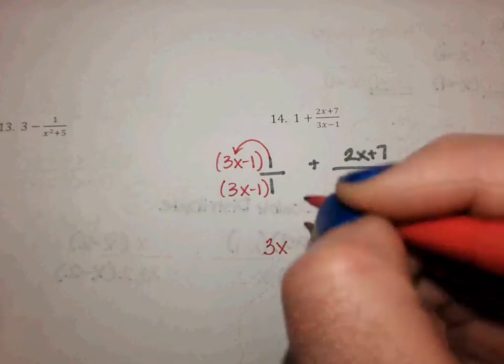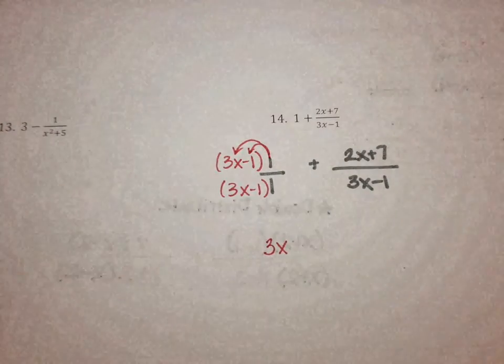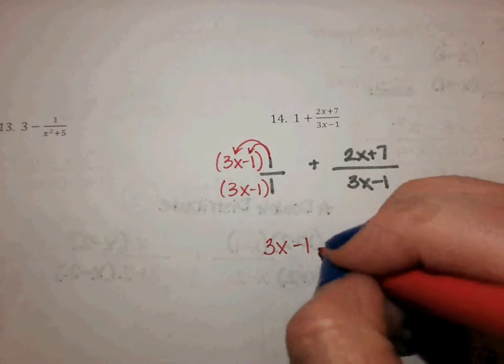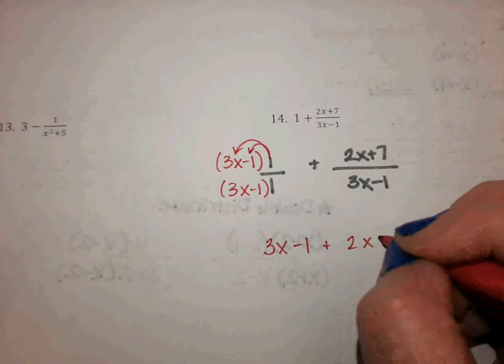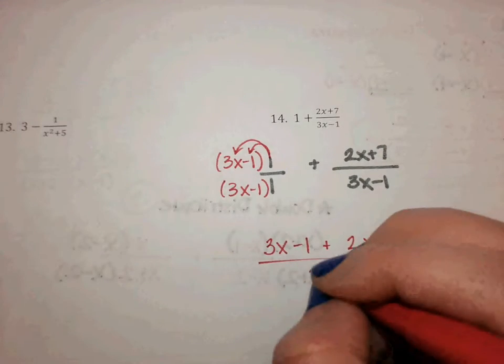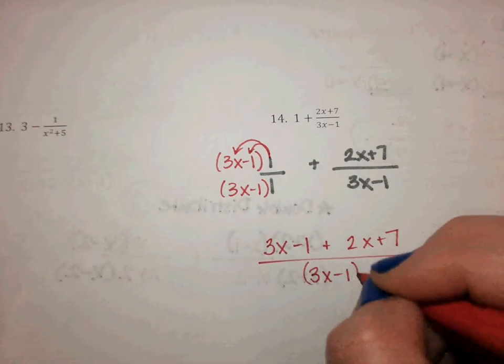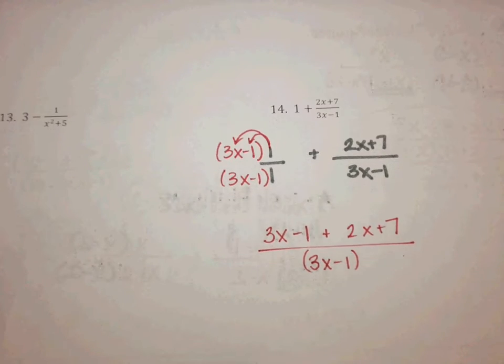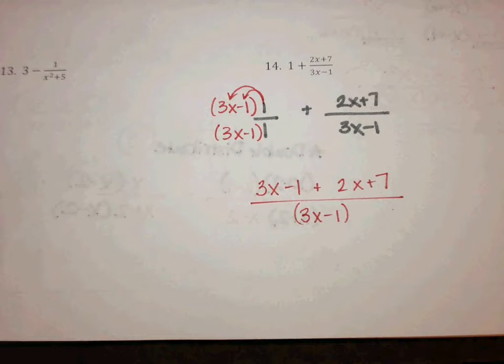Still 3x. And then what's 1 times minus 1? Still minus 1. So really on that one, if you forgot to distribute, you get kind of lucky that it doesn't really matter. Okay? And then remember on the bottom, you can put the 1, not put the 1, up to you. Okay? Then combine your like terms.